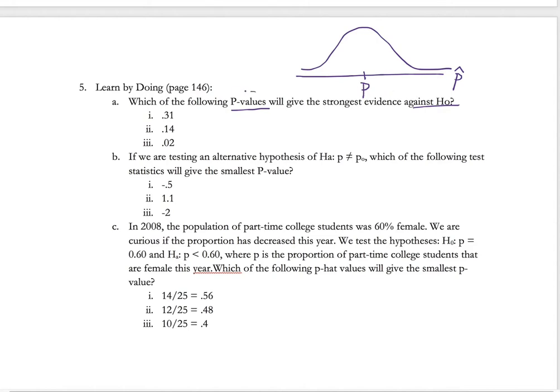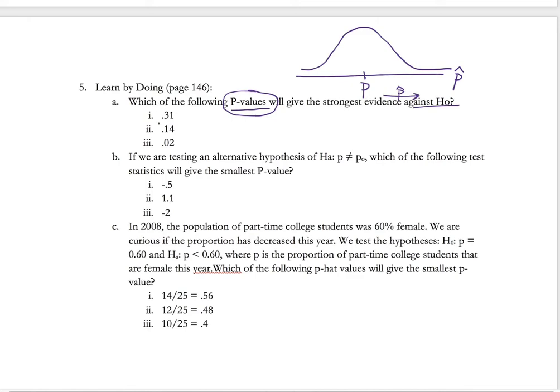Remember that p-values are probabilities about getting our sample value result or something more extreme. Let's pretend that our p-hat value is to the right of center. It doesn't really matter, but let's pretend it's to the right.